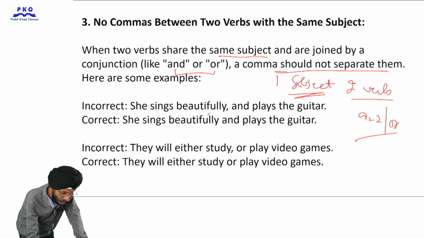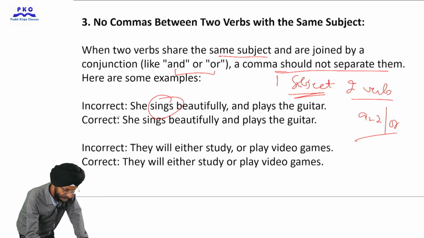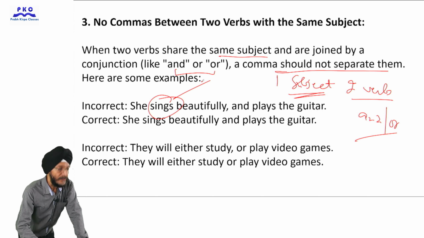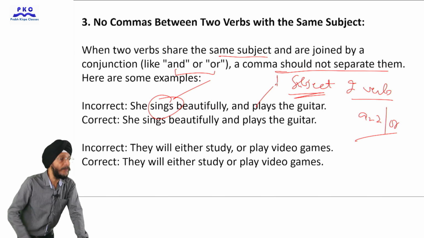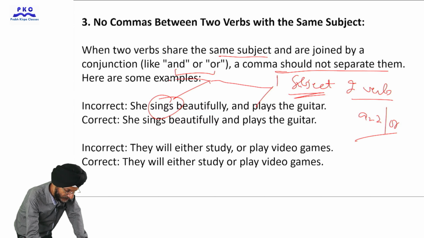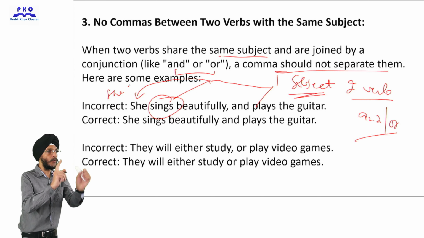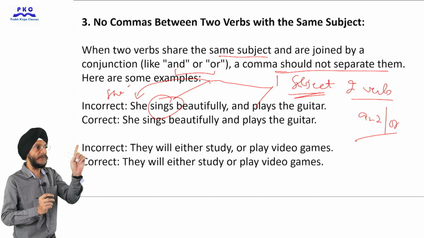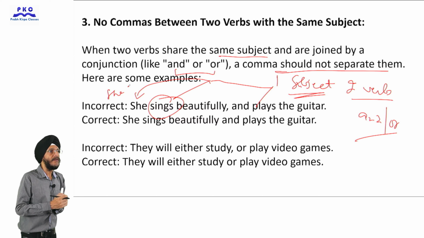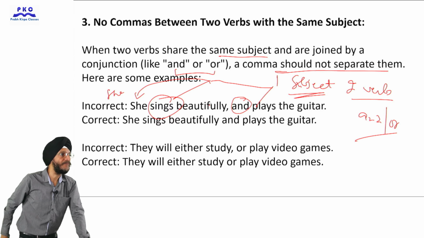She sings beautifully and plays the guitar. Sings is a verb. Plays is again a verb. Both these verbs share the same subject, she. Verbs are two, sings and plays. Subject is single. And there is a conjunction and in between.